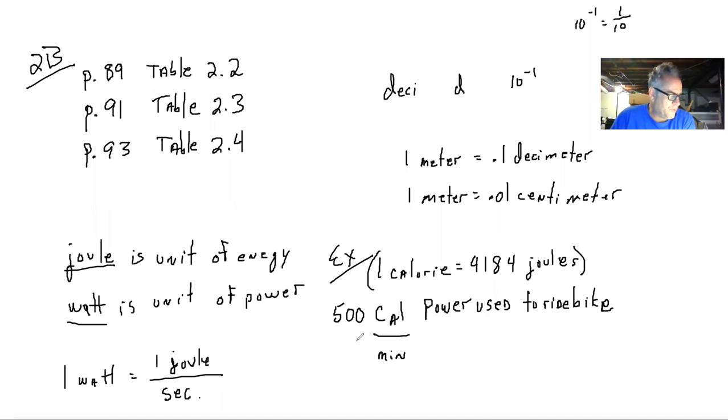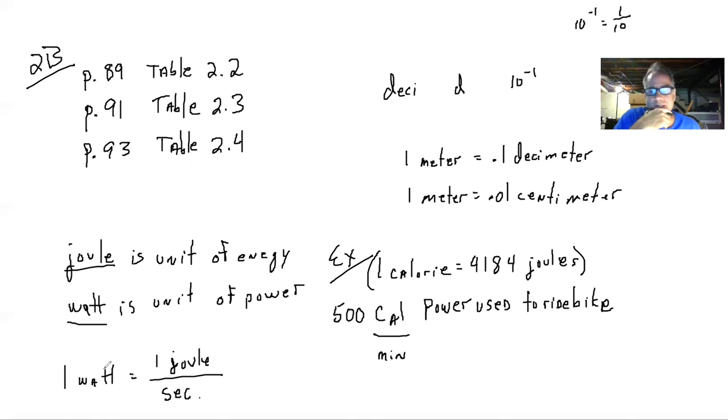All right, so if I want to know if I can light a 100 watt bulb, I need to get from calories per minute to joules per second. So remember, joules per second is equivalent to a watt.